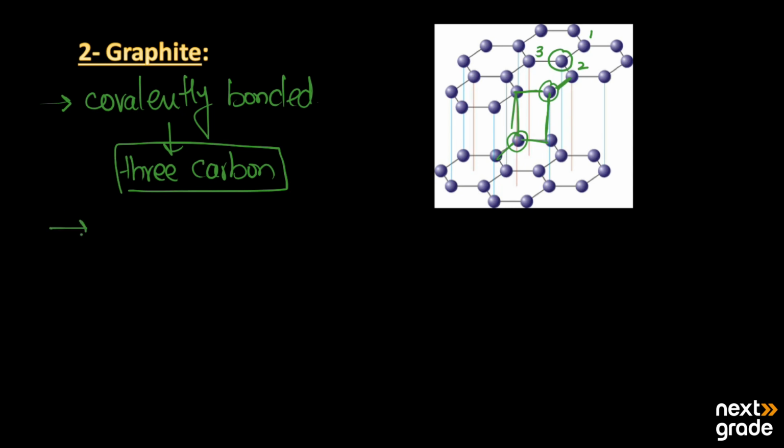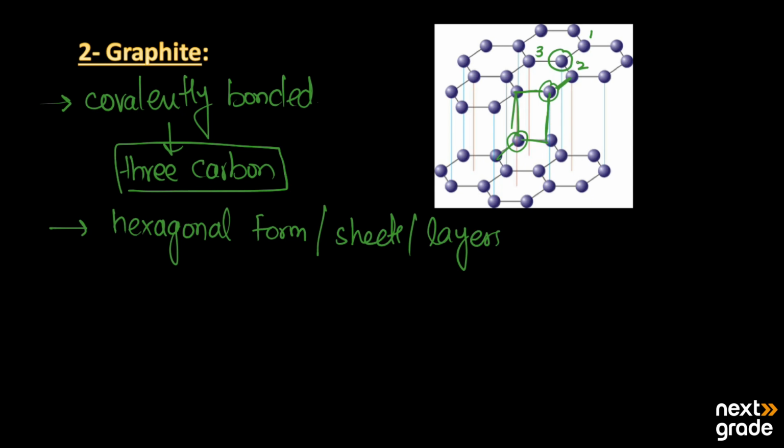And here the carbon exists in the hexagonal form and it forms sheets or layers. Here you can see that this is the first layer and this is the second layer.